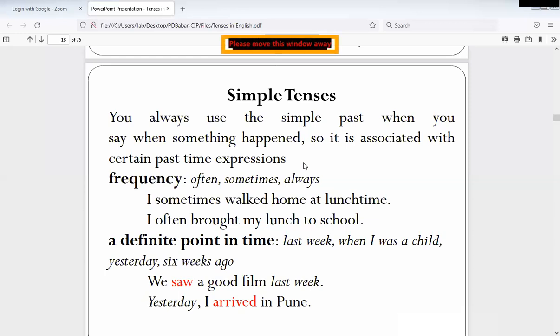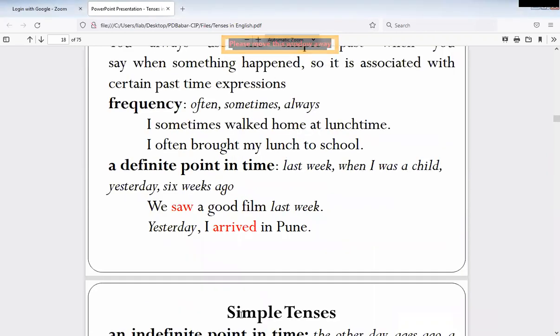So yesterday is the time showing expression. Or, a week ago I went to Pune. This also we can say: a week ago means in Marathi आठवड्याच्या आधी, एक आठवड्यापूर्वी.